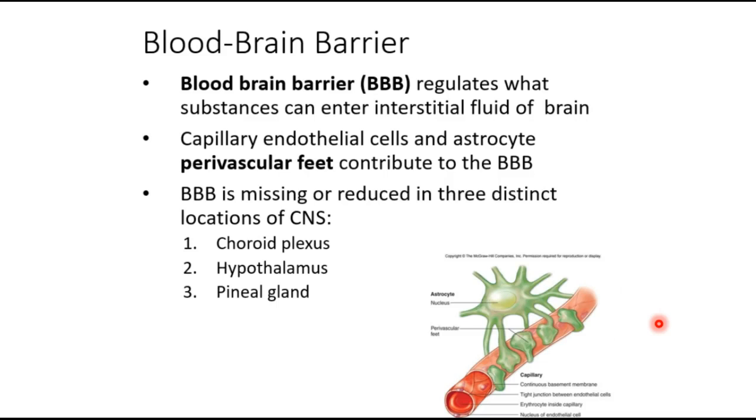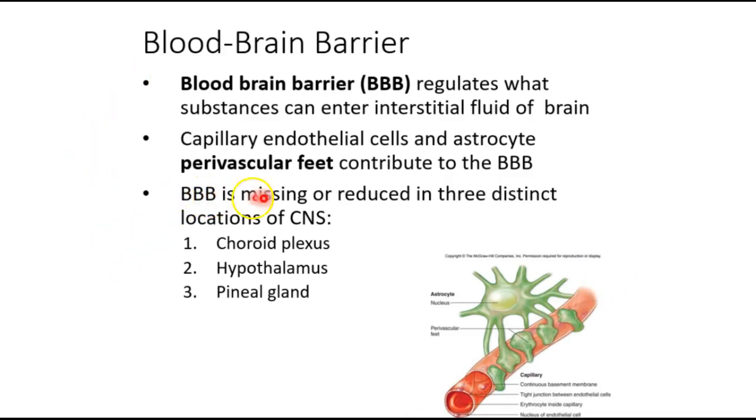Okay, blood-brain barrier, you already know this is astrocytes. Those astrocytes have perivascular feet. The capillary beds here also have a lot of tight junctions, but that's something we'll come back to when we get to our blood vessels lecture in A&P2.